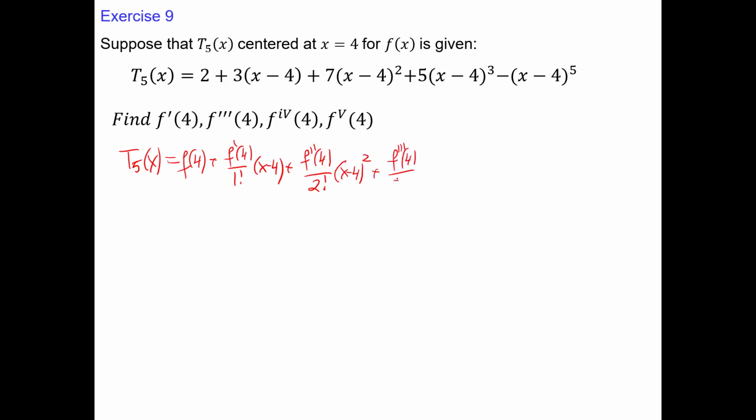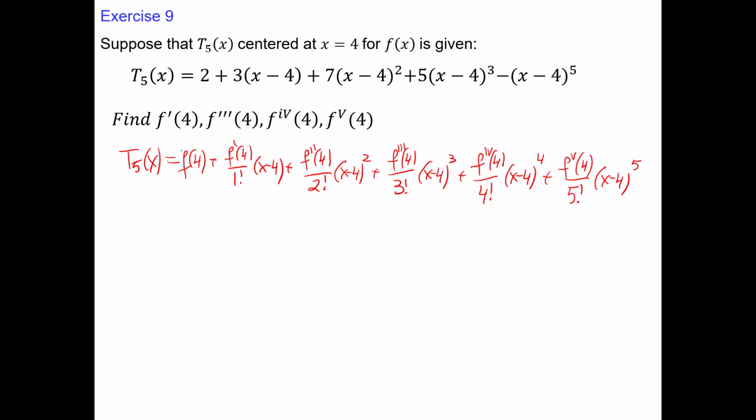Third derivative at 4 over 3 factorial, x minus 4 cubed. Fourth derivative at 4 over 4 factorial, x minus 4 to the power of 4, and one more. Fifth derivative at 4 over 5 factorial, x minus 4 to the power of 5.